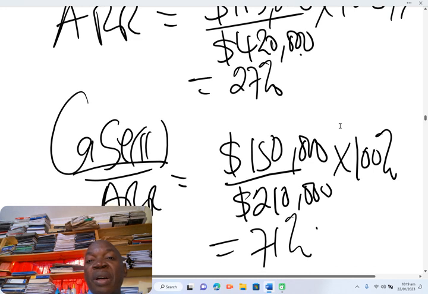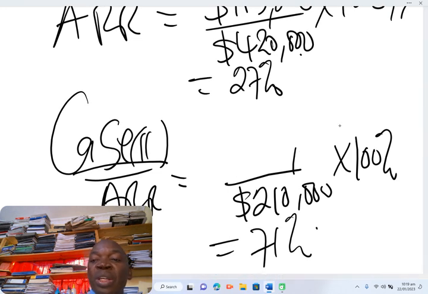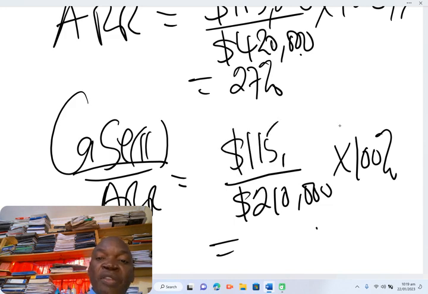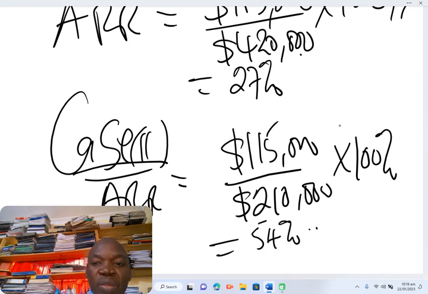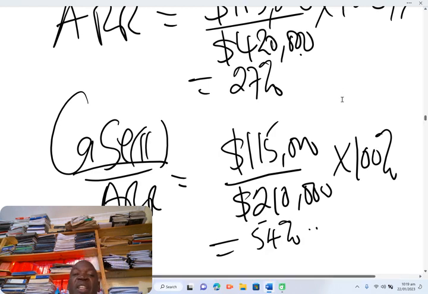If you use the latter, this one here, then it is $115 divided by 210. This is almost 54%. So the two formulas can give these results, depending on which method you use to compute.